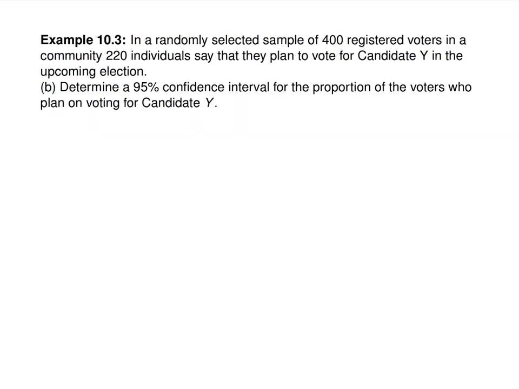Determine a 95% confidence interval for the proportion of the population for whom the treatment would be successful. So remember that the confidence interval is of the form your sample statistic plus or minus your multiplier times the standard error of the sample statistic. That's just the general basic form.